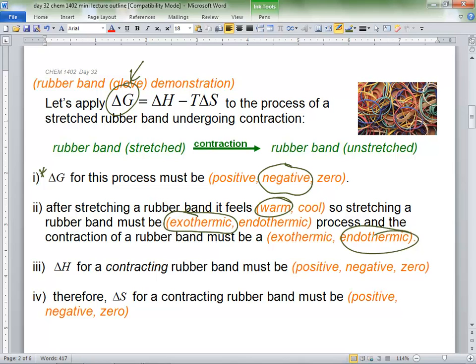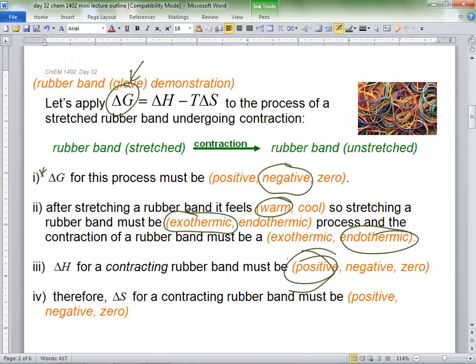So contraction of a rubber band must be endothermic. So then delta H for a contracting rubber band must be positive, yeah, because we said it was endothermic, right?